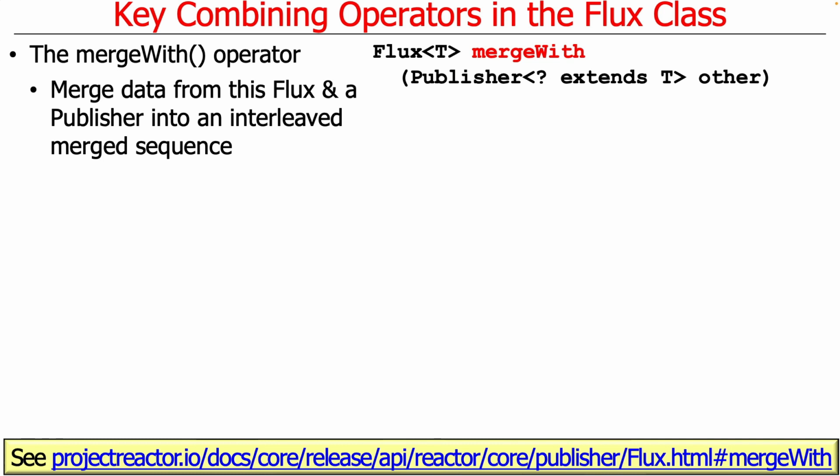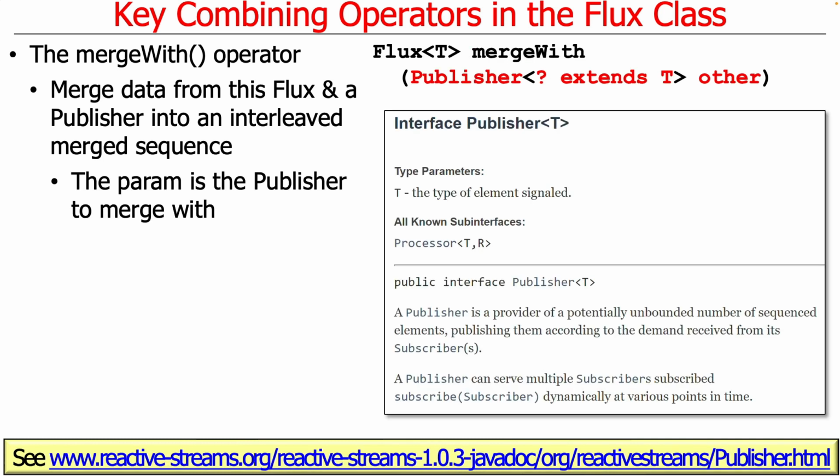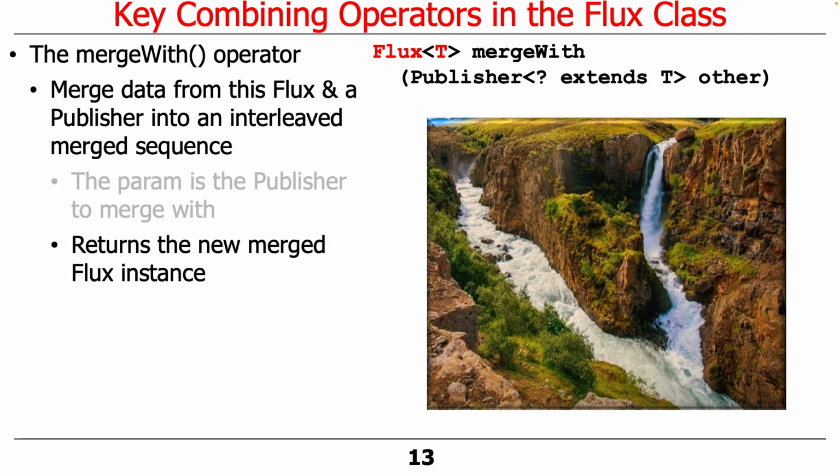We'll talk about what interleaved means in this case, because it's very subtle, and sometimes you don't always get interleaved behavior when you run it, as we'll see. The parameter is the publisher to merge with, which is oftentimes, though it does not have to be, another flux. It just has to be something that can publish data. And what you end up with here is a merged flux instance.